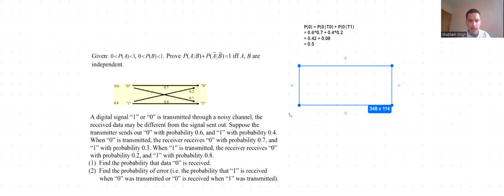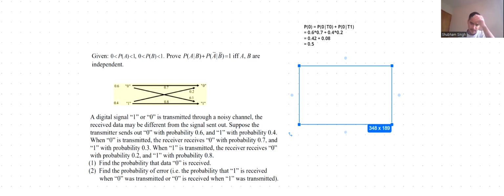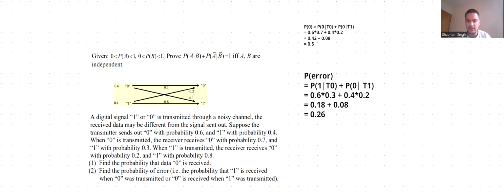And the probability of 1 being transmitted and 0 being received would be 0.2. So that would come out to be 0.18 plus 0.08, which is 0.26. So the probability of error would be 0.26.